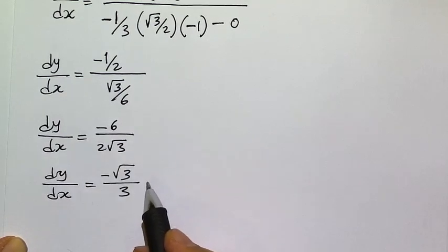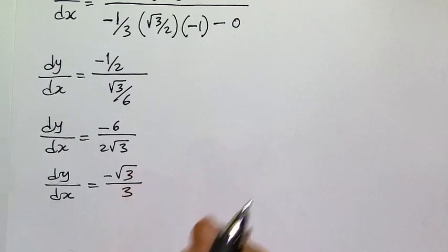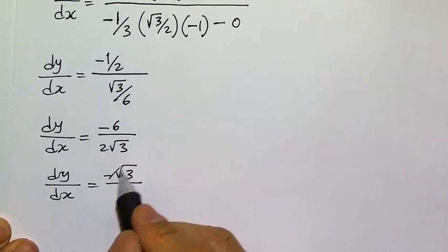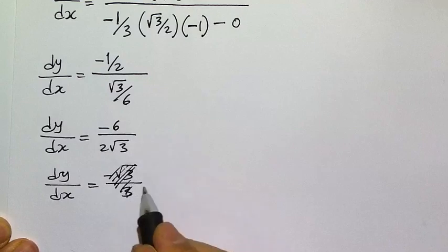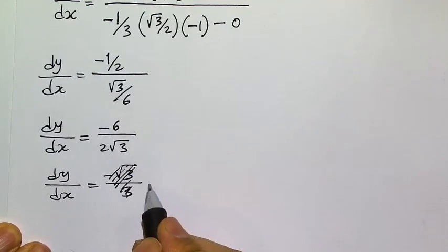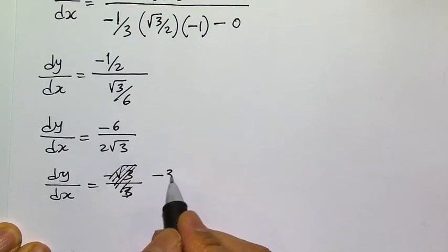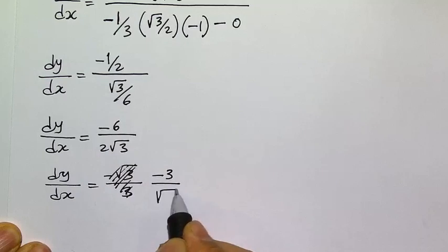Or no, sorry. I will clean this before posting the lecture notes on Canvas. But this should be equals minus 3 over square root of 3.